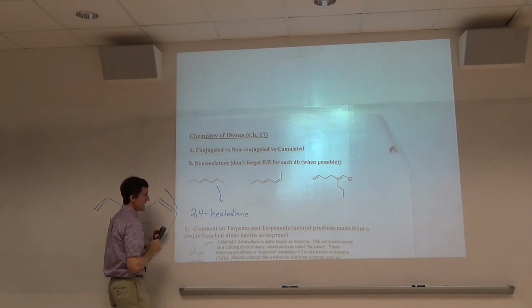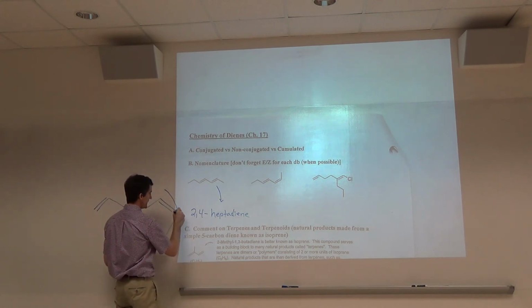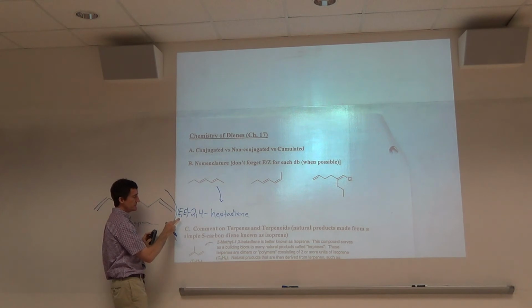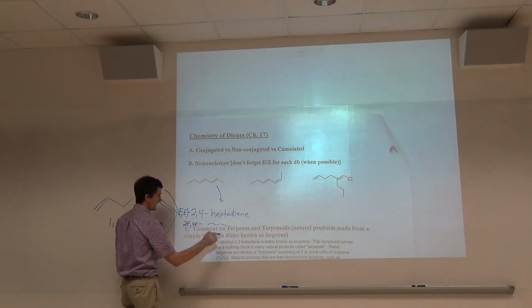E. Sometimes you can say E, comma E in front. That's not ambiguous because obviously each one is E. It might be better to say 2E, comma 4E heptadiene.